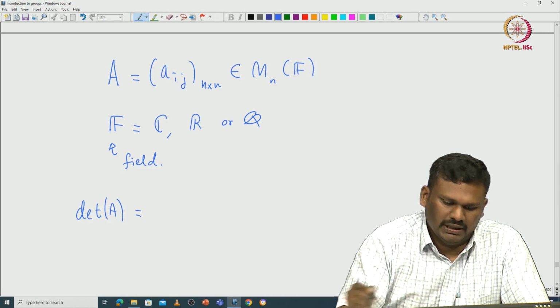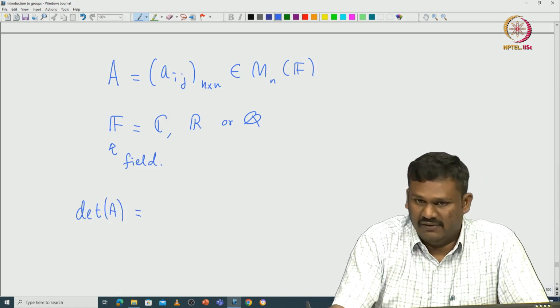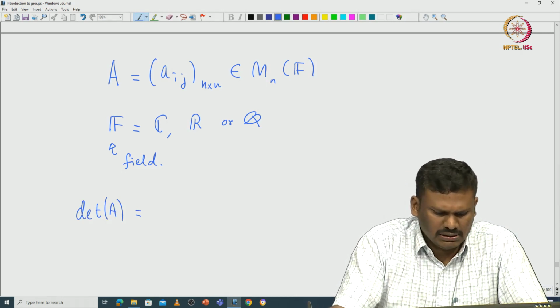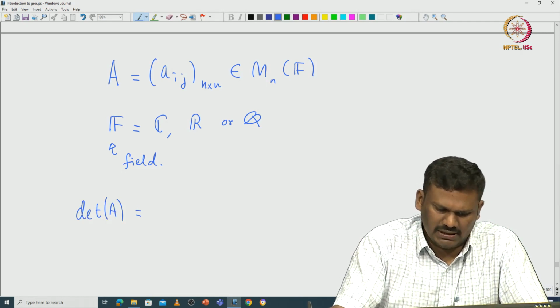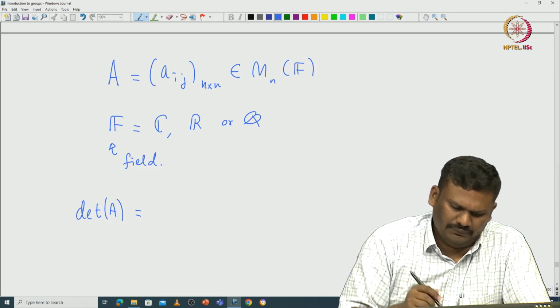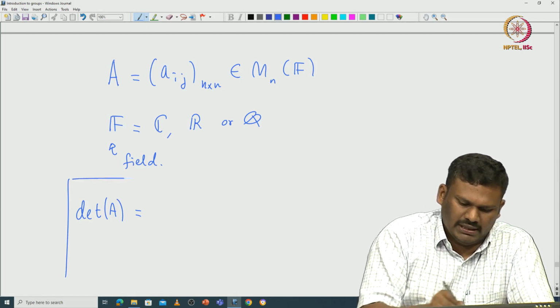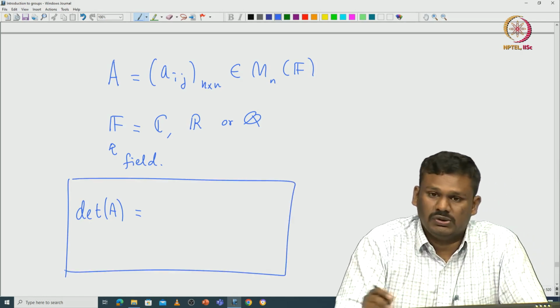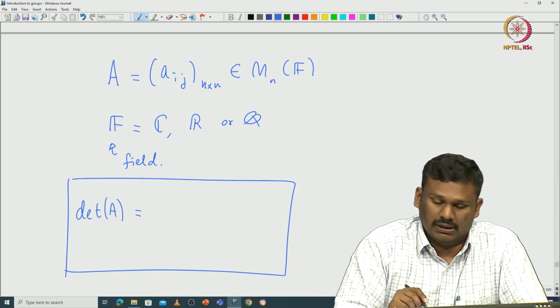The determinant can be defined in many ways. It is an alternating function satisfying some properties, but anyway, I am going to just write down a very explicit formula using this sine map. That is all I am going to do.